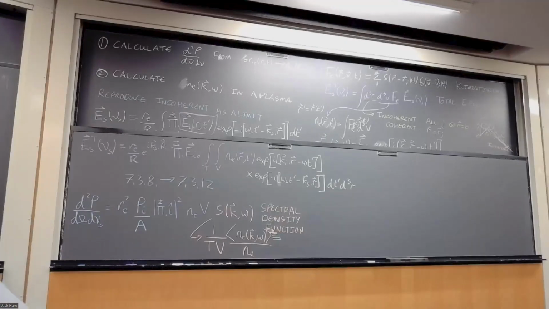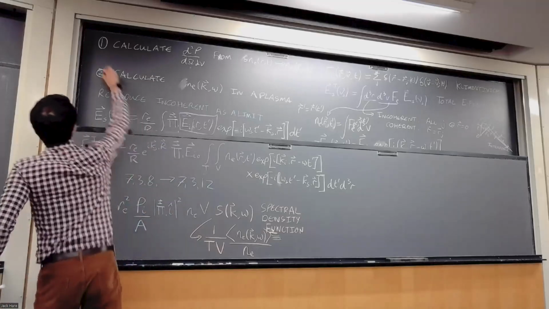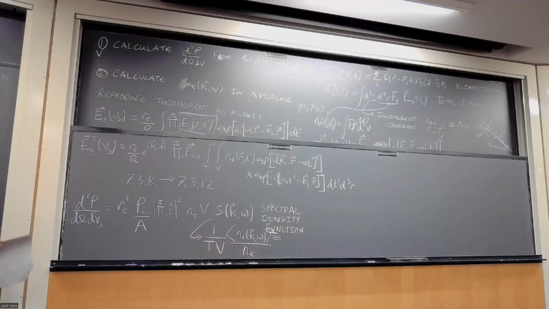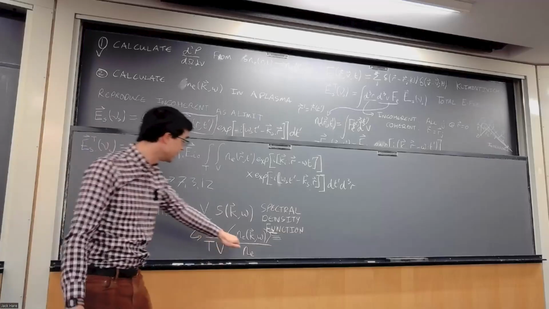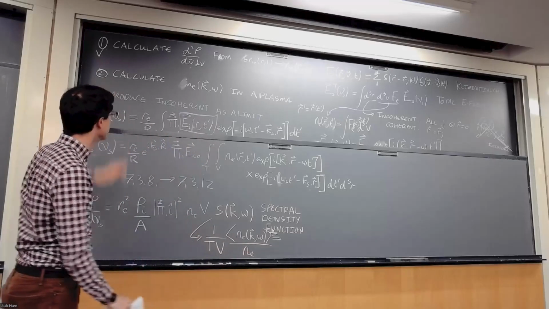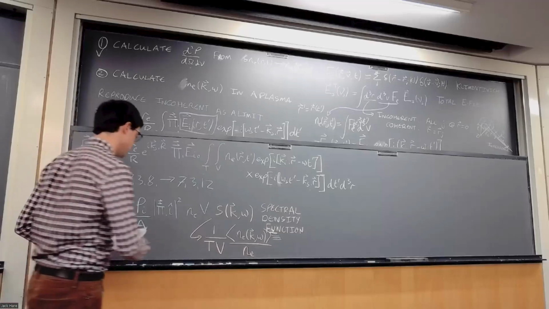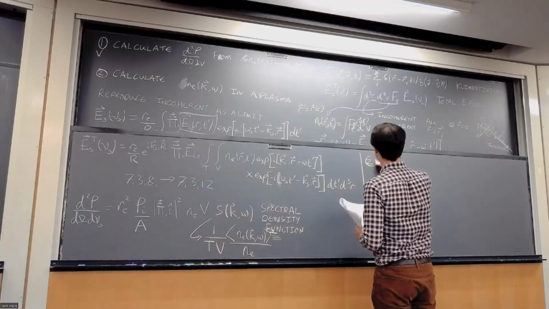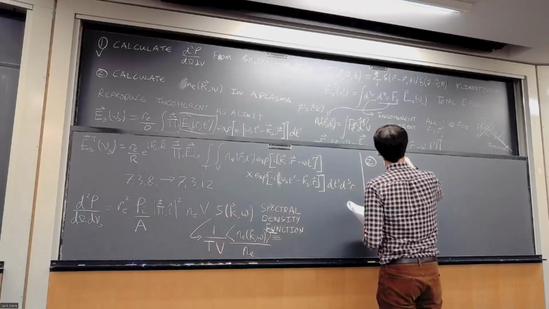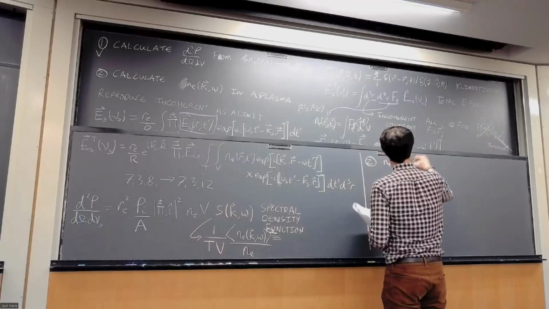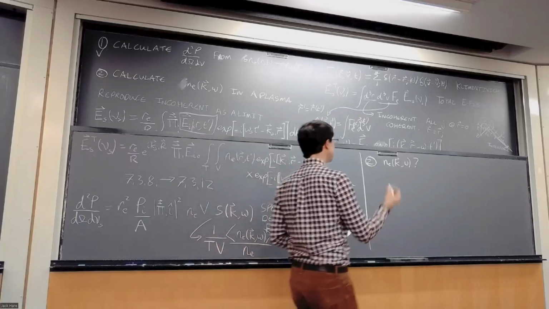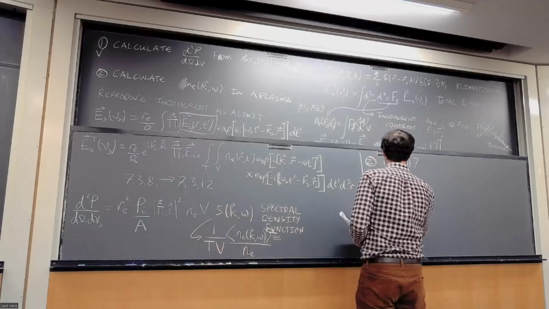Okay, so we've now done step one. We have calculated, to some extent, the power spectrum in terms of density fluctuations. So now the question is, step two, what are these density fluctuations? What we're going to do is consider the response of the plasma to a test particle.